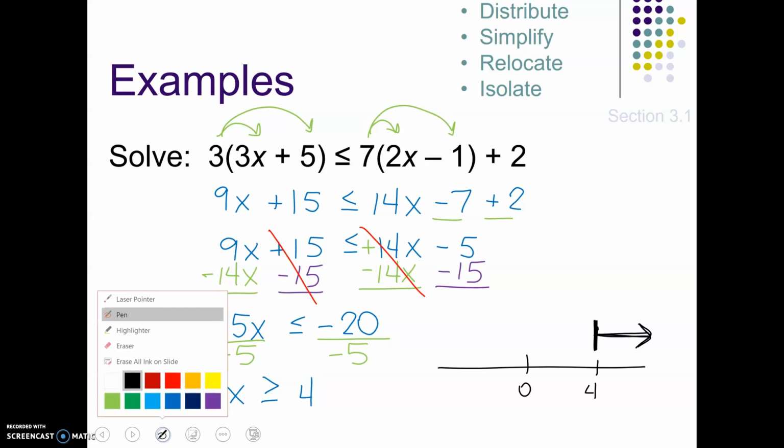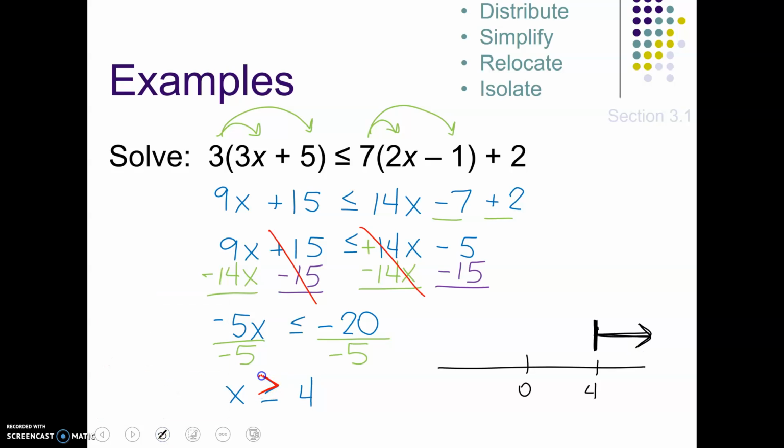Again, notice that the direction that your arrow is pointing in your inequality, it's the same direction your arrow is pointing in your picture. And if you can equal that number, you can equal it, and we'll denote that with a square bracket.